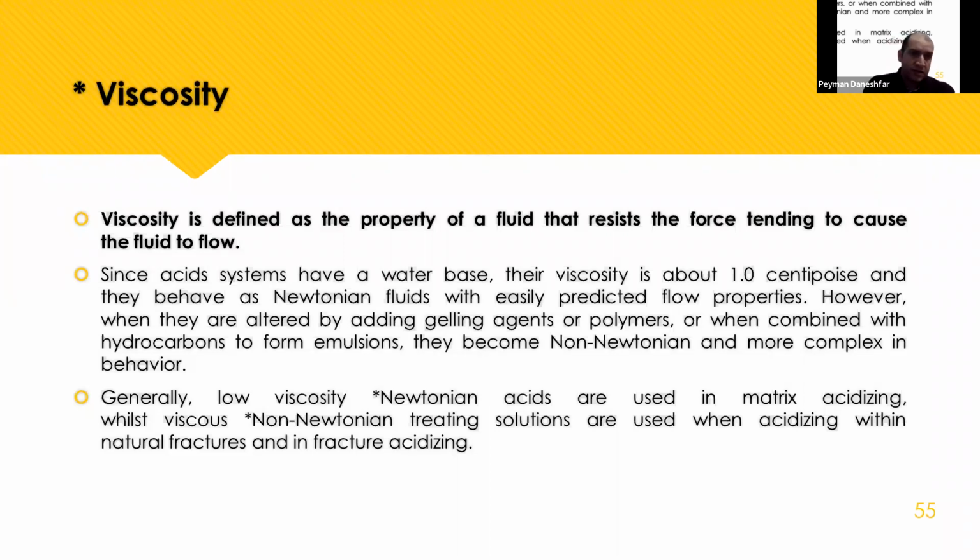I told you before, just for your information, because we should know about viscosity and Newtonian or non-Newtonian fluids, because when we want to calculate the pumping rate or the pumping pressure, we need all of them as parameters.